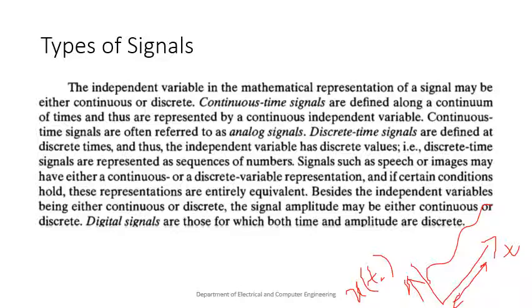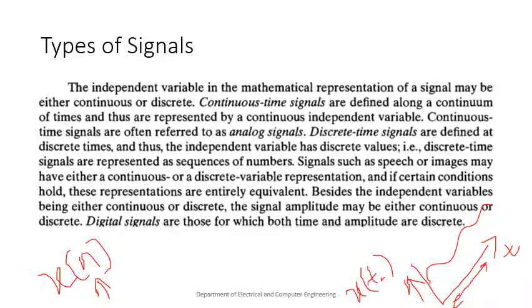Now, when we talk about discrete signals, discrete signals usually do not appear naturally. For example, we are doing some sort of sensing, we are calculating something, so we use these discrete signals to represent some meaningful information. We usually represent a discrete signal as x of n. Because of this n, we usually call a discrete time signal a sequence as well.